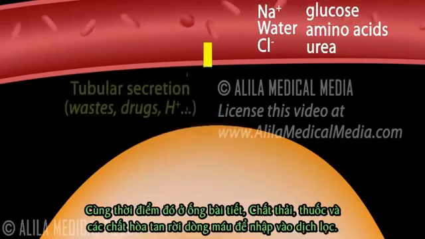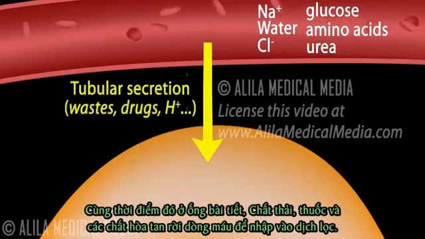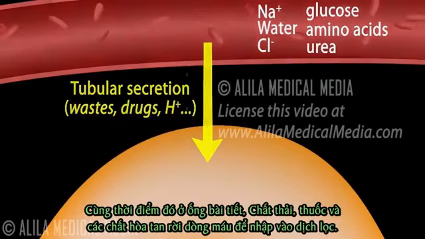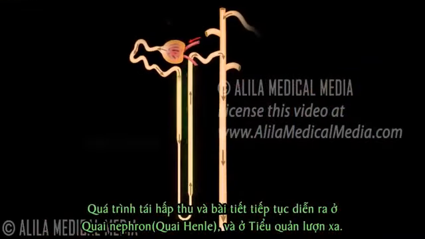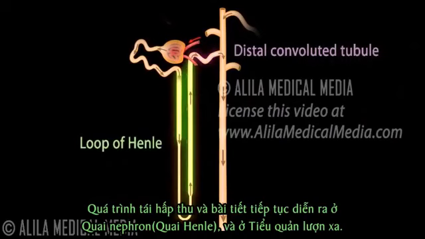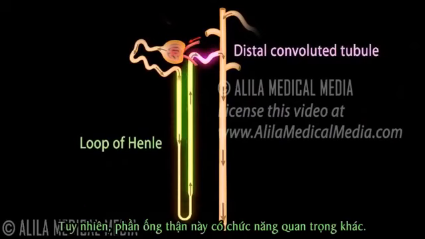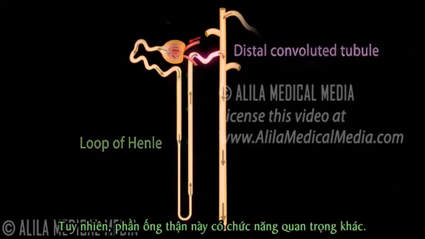At the same time, tubular secretion, where additional wastes, drugs and other solutes leave the bloodstream to join the tubular fluid, also takes place. The processes of reabsorption and secretion continue in the nephron loop, the loop of Henle, and the distal convoluted tubule. However, these parts of the tubule also have some other important functions.